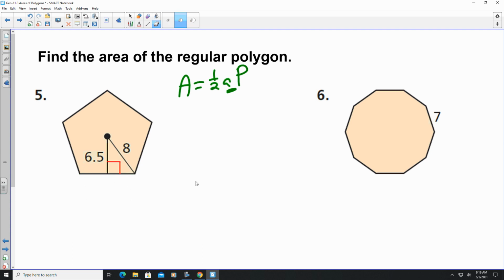Well, we can figure out the distance to this halfway point of a side measurement, because what we are given is a right triangle. We can use the Pythagorean theorem to help us out. A squared plus B squared is equal to C squared.